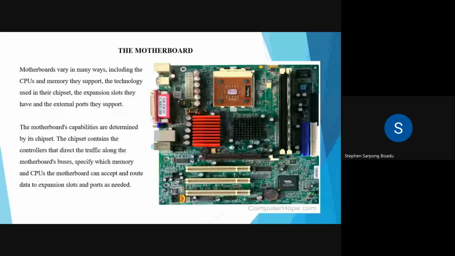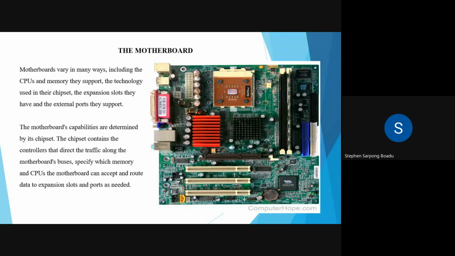So the motherboard is the main circuit board in a computer, and then it connects all the parts together, including the CPU, the memory, storage, and then peripherals. When you say peripherals, let's say you put your external mouse or external keyboard to your PC. It's a peripheral. So what the motherboard does is that it connects all these parts together to make sure they function very well. All right.